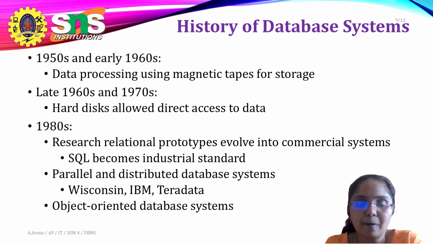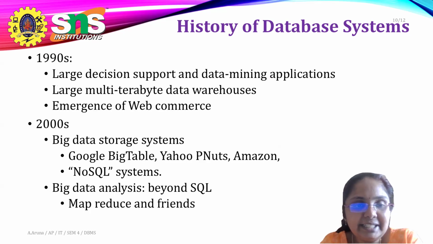After that, the object-oriented database management system evolved. In the early 1990s, large decision support and data mining applications were using database systems, and large multi-terabyte data warehouses evolved, along with the emergence of web commerce applications.